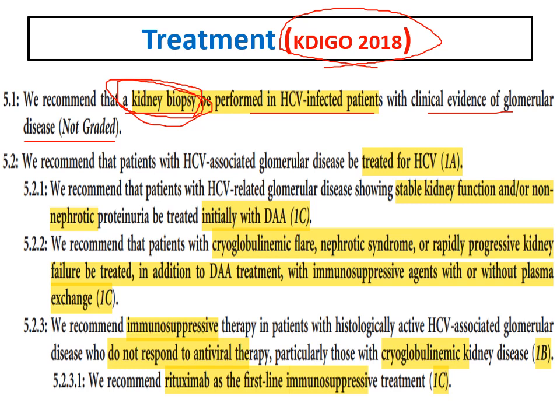There is a recommendation that patients with HCV associated glomerular disease should be treated for hepatitis C. So all of them should be treated for the HCV, which is the main cause.